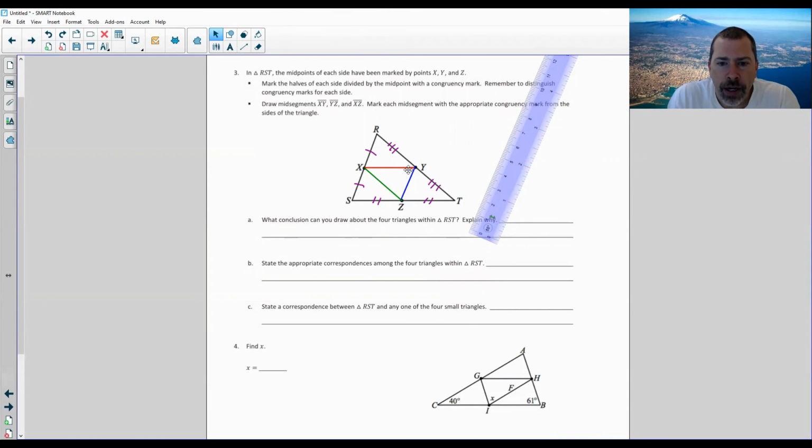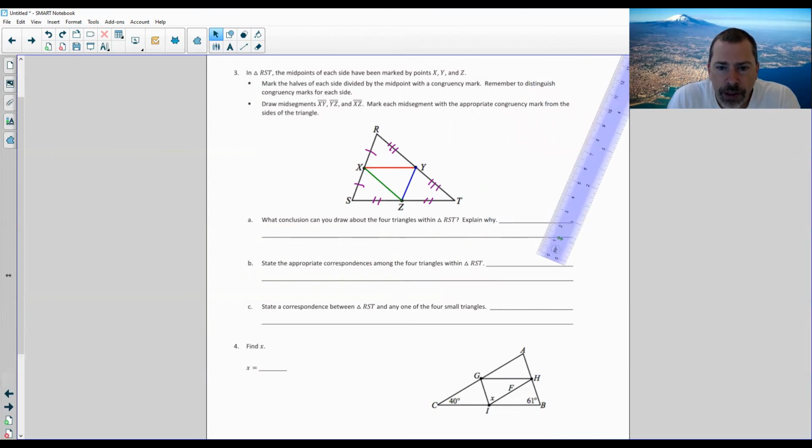Okay, so XY is a mid-segment of RS and RT and so on. So there they are, all 3 are drawn. You might want to move this one a little bit, right about there. Okay, there we have it. All right, why do we do that? A, what conclusion can you draw about the 4 triangles within RST and explain why?